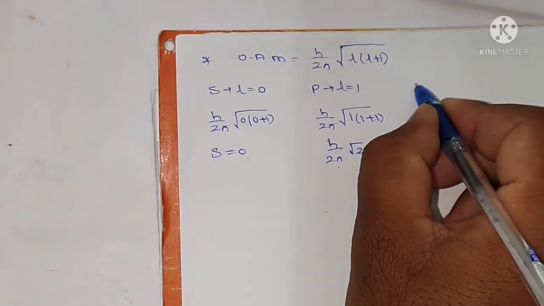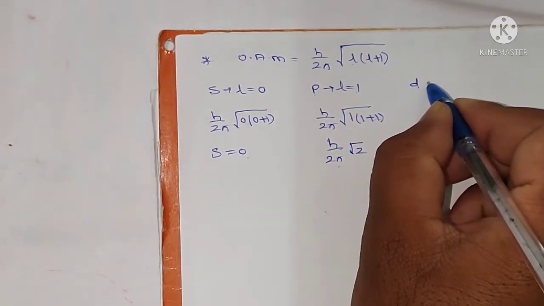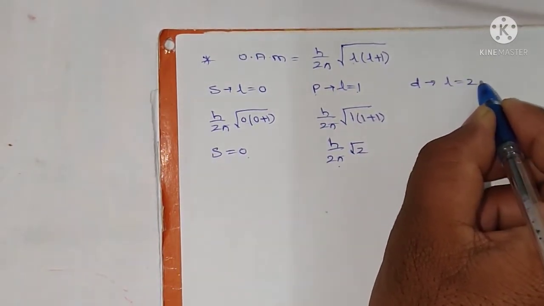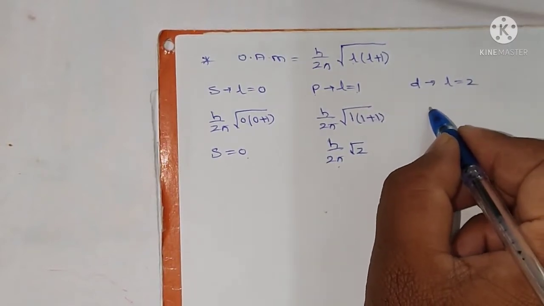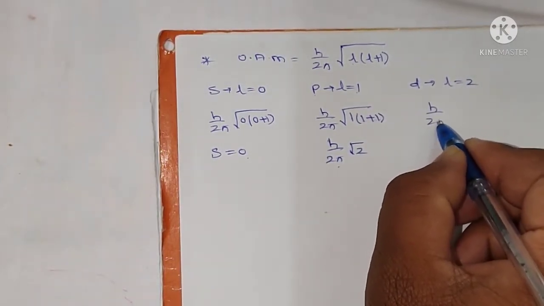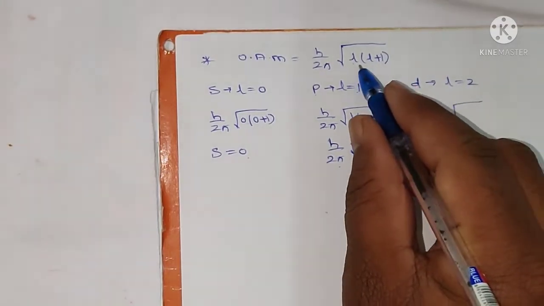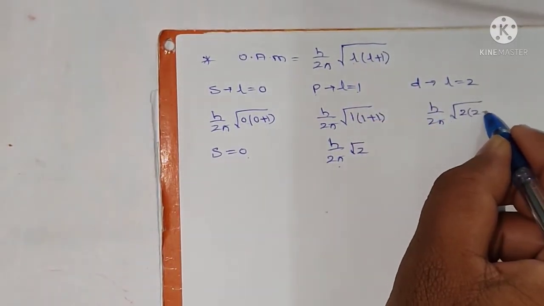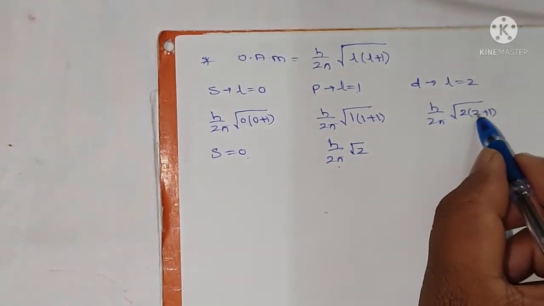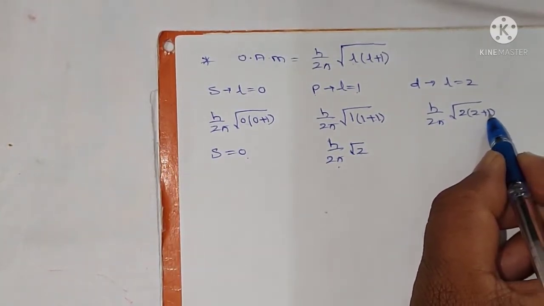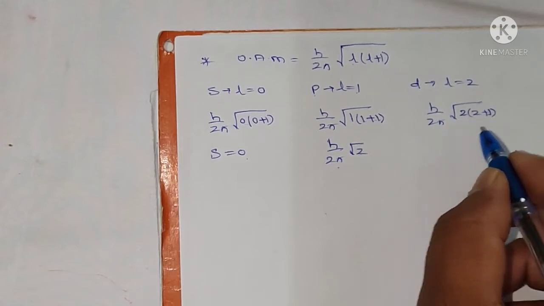And d orbital angular momentum, the d l value is 2, and h by 2 pi into under root of l into l plus 1. So 2 into 2 plus 1, 3 into 2 is 6.